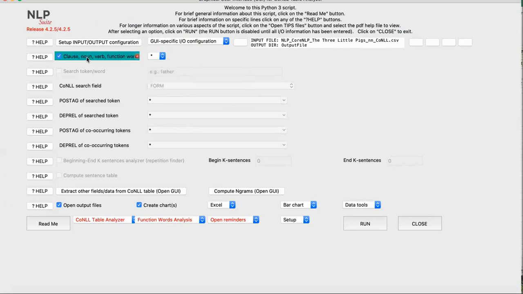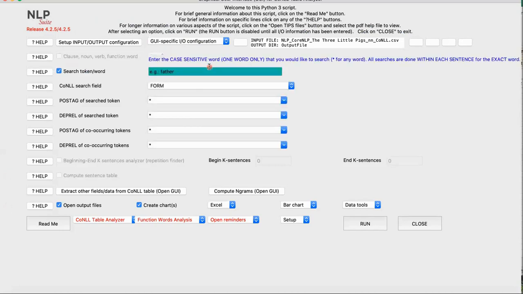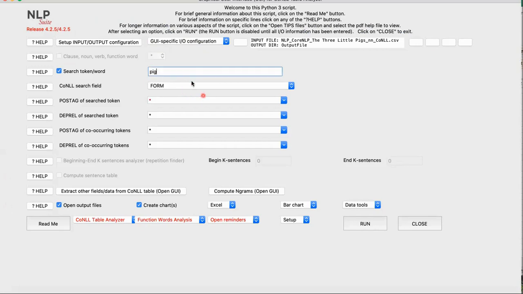The next tool that we have available in this GUI is the search token or word tool. In this tool, we can search for a specific word and see how frequently specific words co-occur with it. We can also specify whether we want to search for this word as its form or lemma.